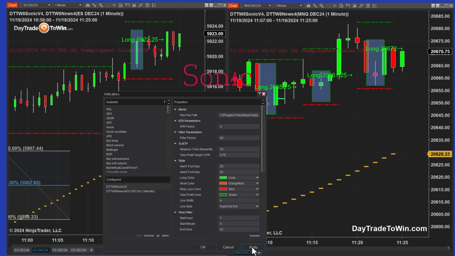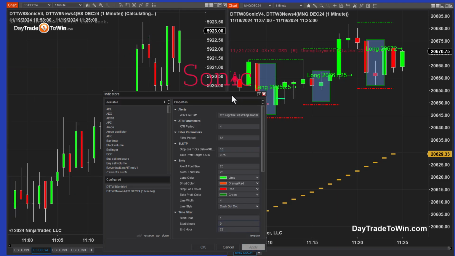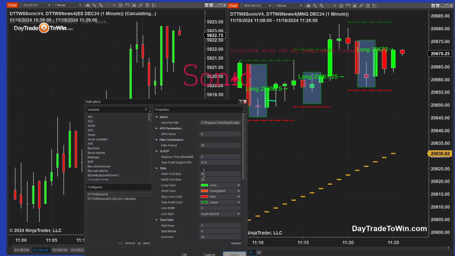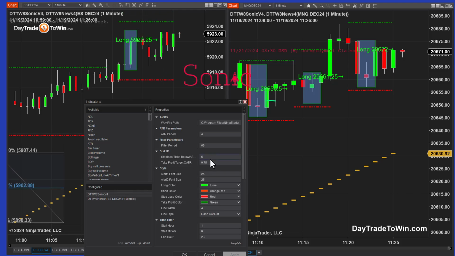I'll click apply, and you can see that it's going to update here on the left hand side. You see this is now 10 ticks. I think that's too large. It's unnecessary. 5 ticks is enough breathing room that it'll allow the trade to breathe as it fluctuates up and down. So I don't really think you need to touch that.